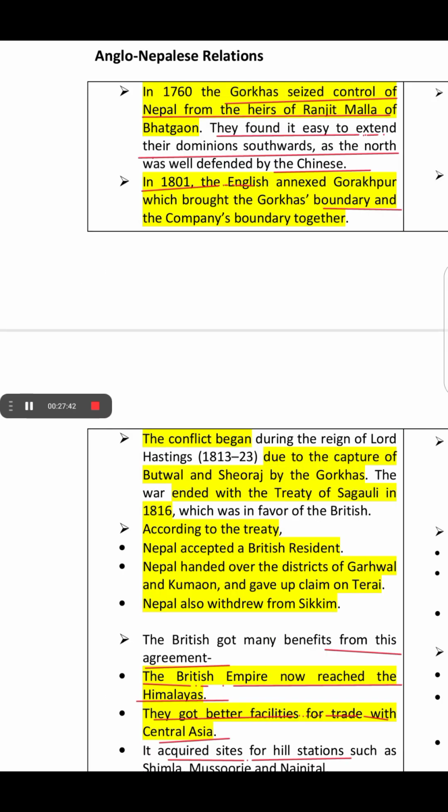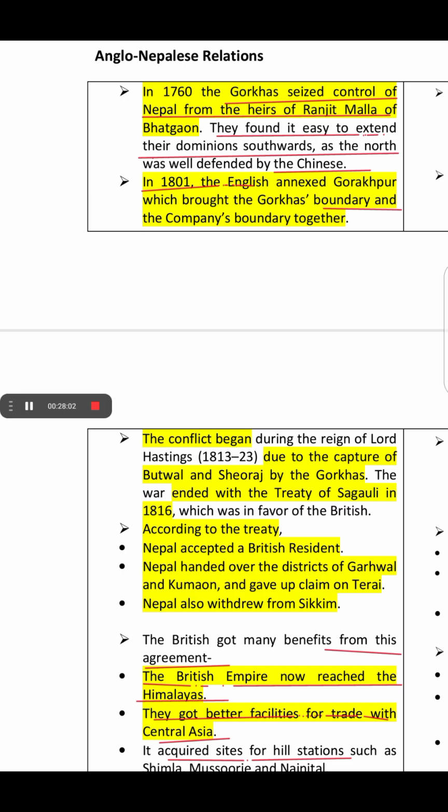So what happened? In 1760, the Gorkhas, a powerful warrior group, seized control of Nepal. They defeated the heir of Ranjit Malla of Bhadgaon and expanded their kingdom. Now, why did the Gorkhas expand southward?